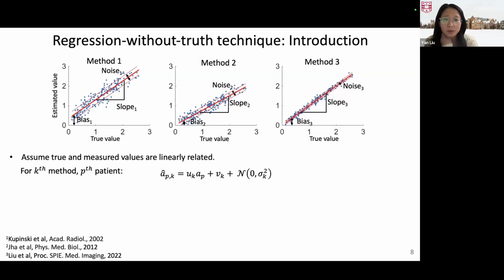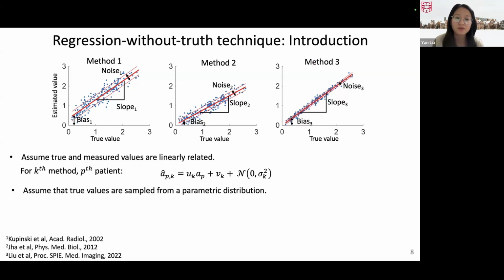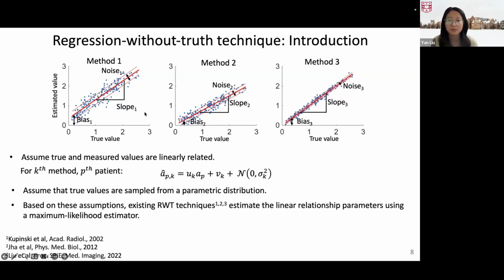If we have the true value, we can do a simple linear regression, but since now we do not have the true value, these techniques assume that the true values are sampled from some parametric distribution. With this assumption, the technique is able to estimate the slope, bias, and noise standard deviation terms using a maximum likelihood estimator. To further understand how this technique works, let me provide some intuition.